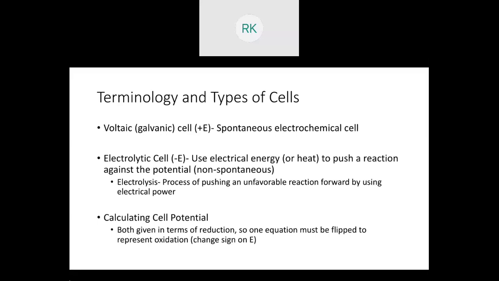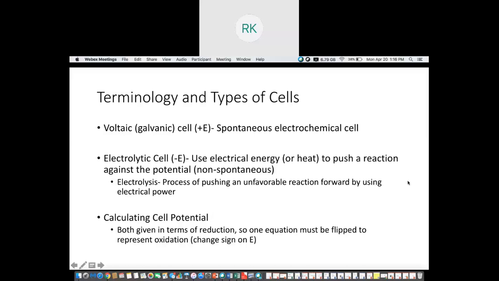Okay, terminology and types of cells. I definitely think that this will appear multiple times on the exam, kind of hiding the information you need. And so just remember, and we kind of talked about this going through the first example, that the terms spontaneous, voltaic, and galvanic all mean the same thing in electrochem, right?